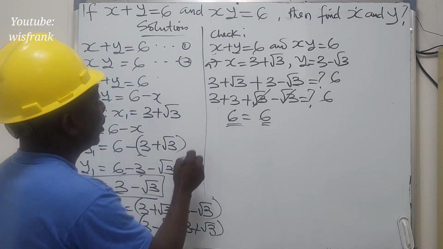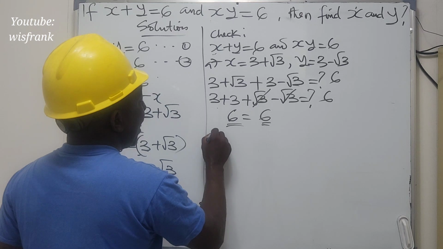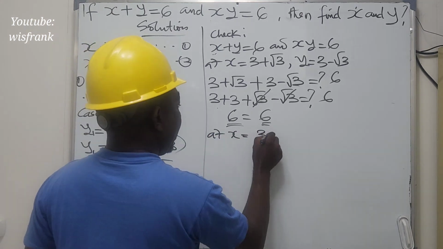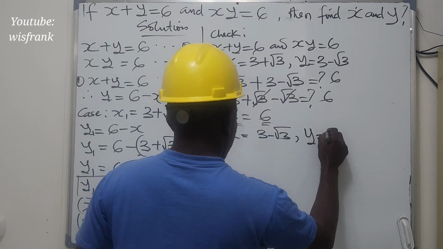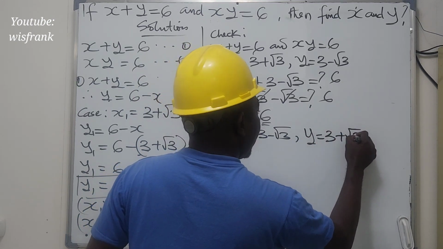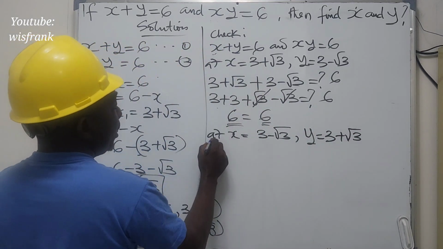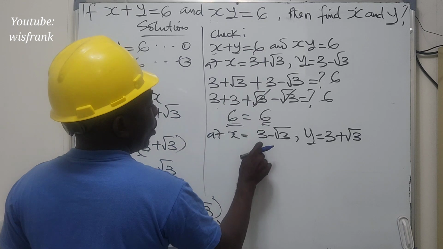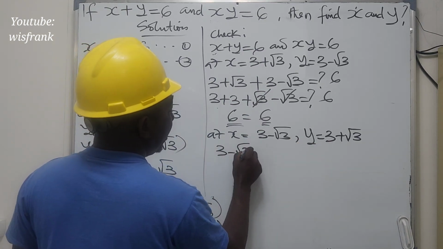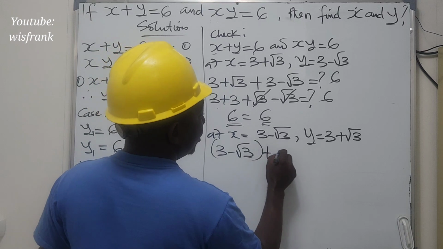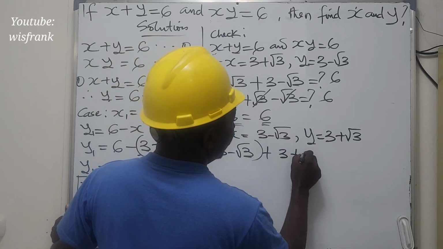Then for the second one, at x equals 3 minus root 3, then we have y equals 3 plus root 3. Then the equation is x plus y. When we add this, we are going to have 3 minus root 3, then we have plus y, which is 3 plus root 3.